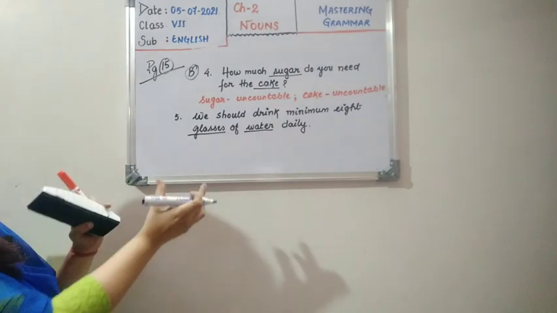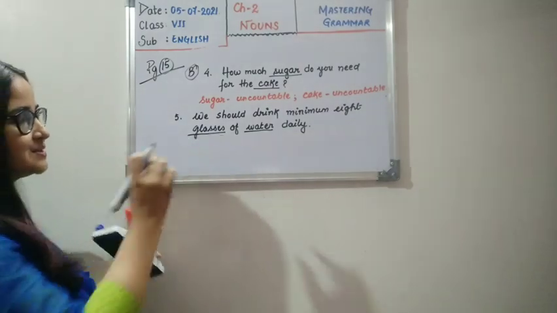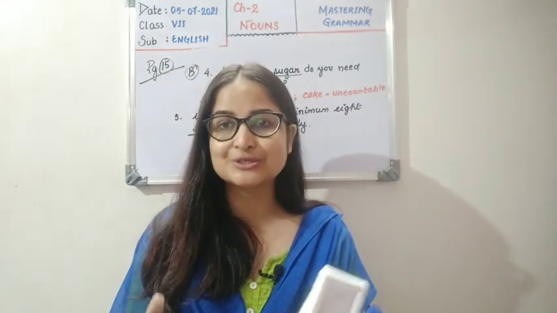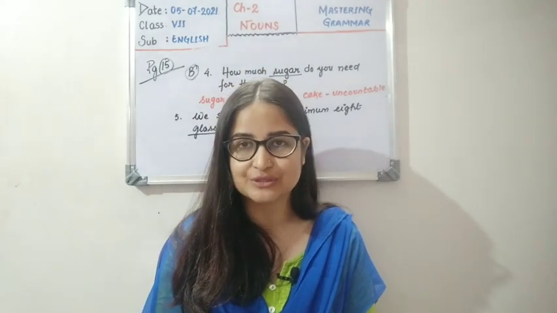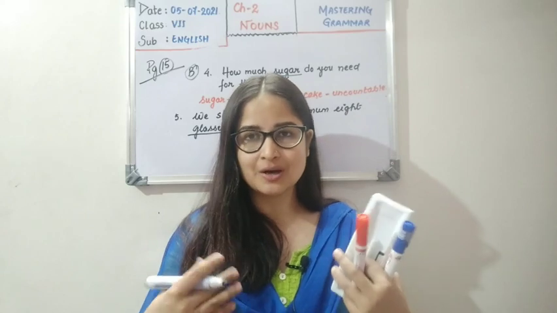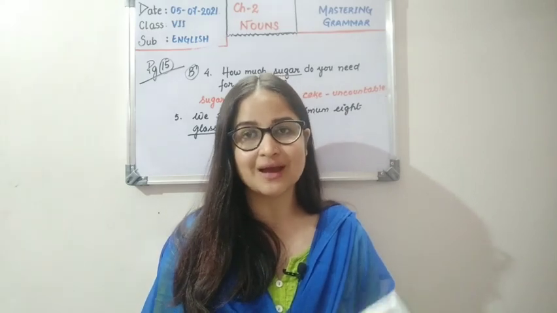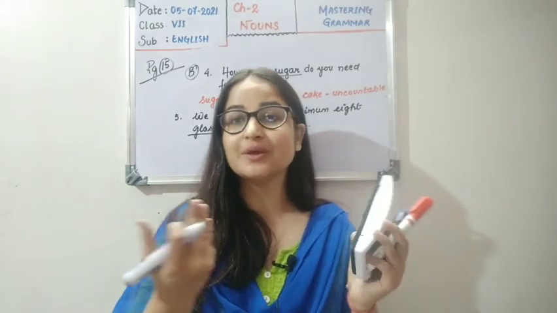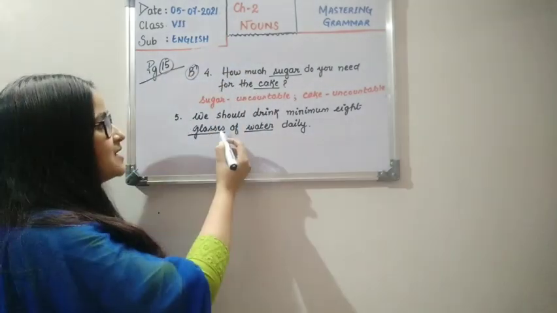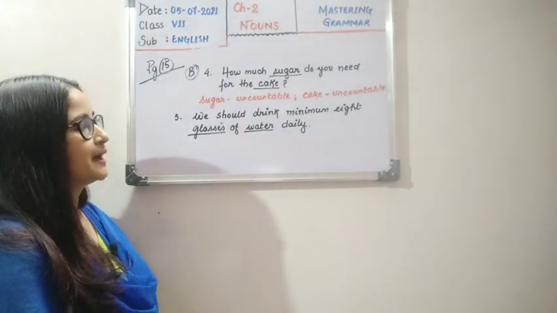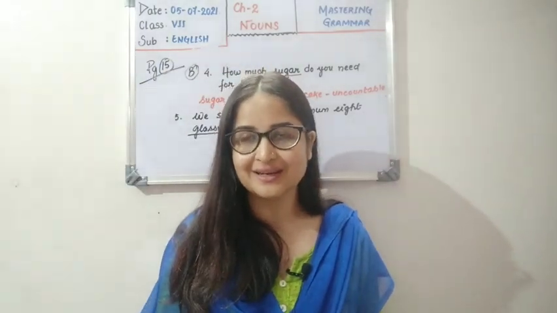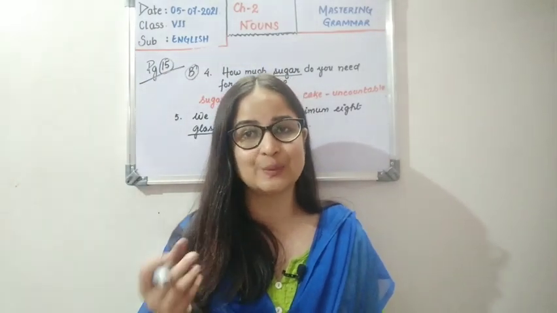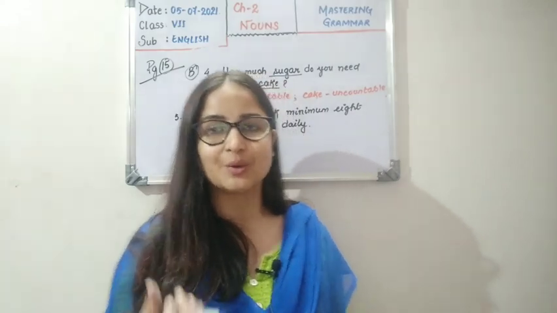Now if you can see this word glasses, children, I told you that some words can be countable as well as uncountable. We have been asked to identify the nouns according to the context. So in this context, we can see glass is taking the plural by becoming glasses, right? So we are not talking about the material noun glass. Instead, we are talking about the common noun glasses.